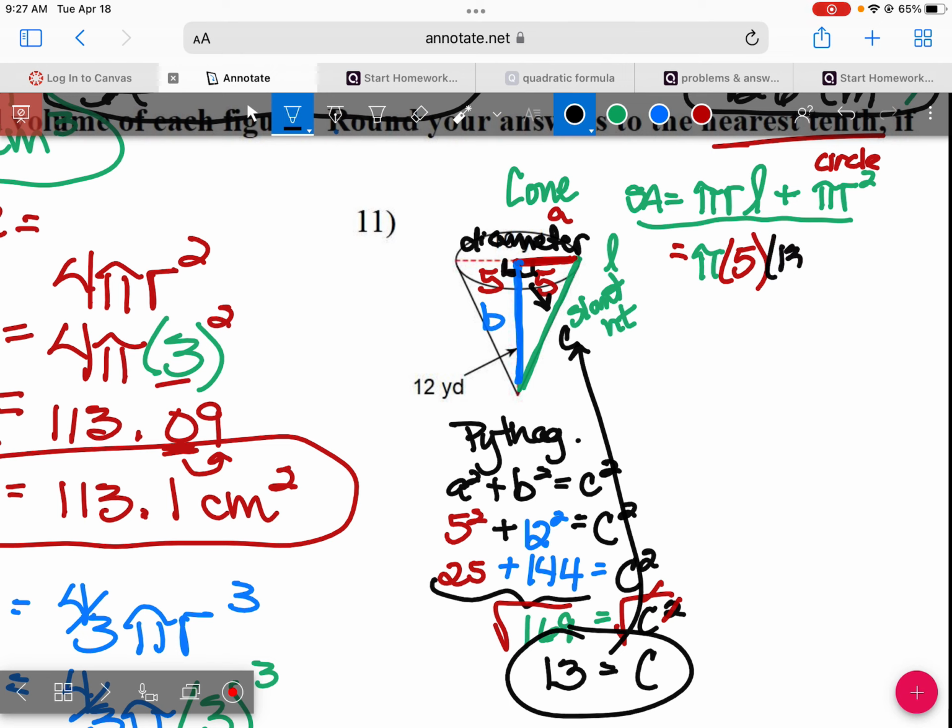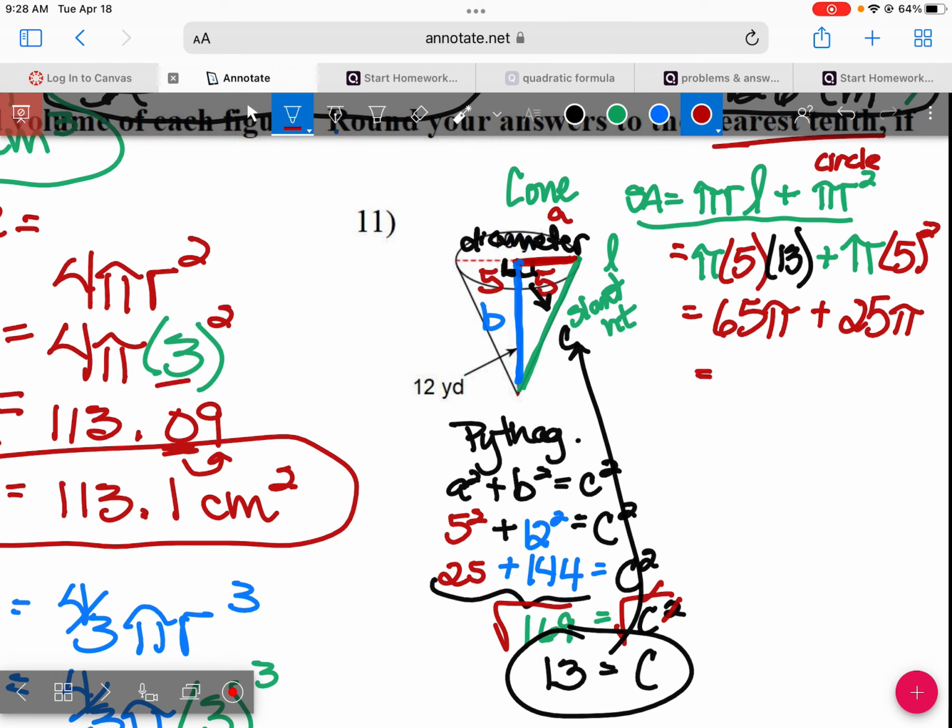So substitute 13 in, plus pi r squared. That's the area of my circle. What's that radius again? 5, yes. 5 squared. So I am going to get 65 pi here plus 25 pi, and you can find the decimal.